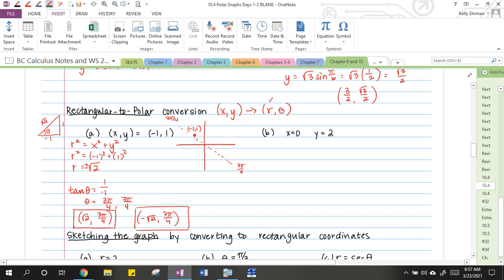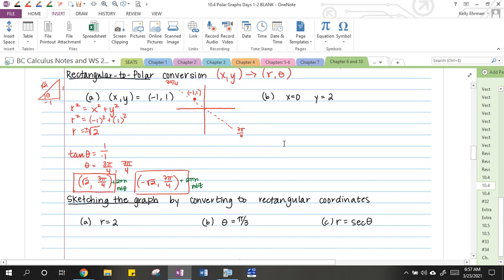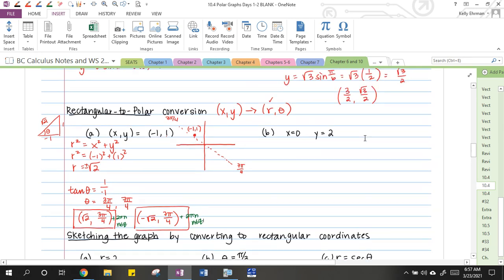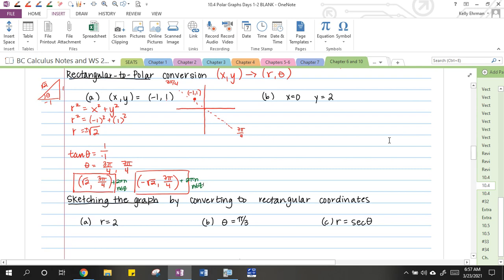I could keep doing coterminal angles to land me whatever way I'm facing, and then either walk forward or backward radical 2 units. So really all of these are plus 2 pi n. I'm not too concerned about that because we're not going to be just plotting these points. It'll be nice to be able to convert, but we're not going to have infinitely many answers. But just know that they do exist.